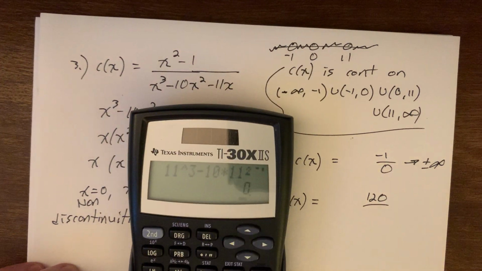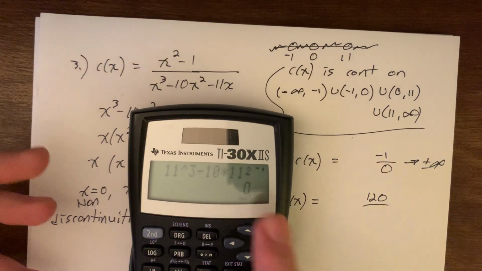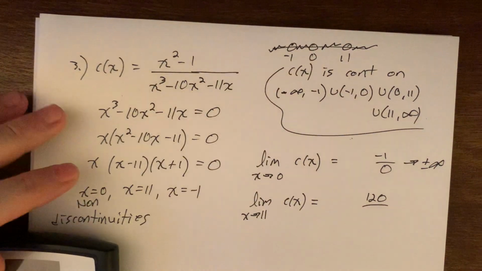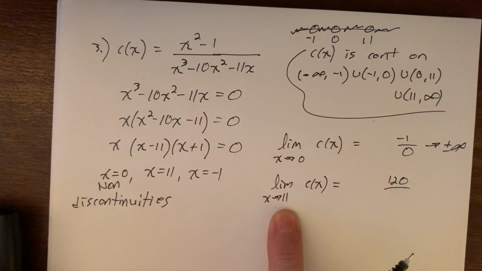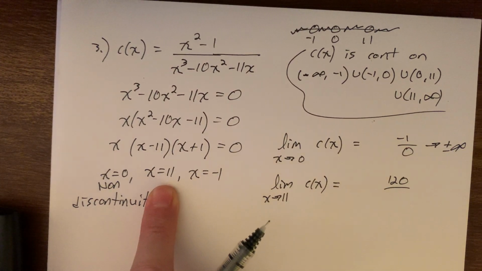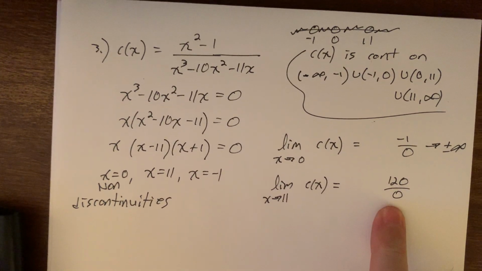And I get 0. By the way, that really should not be a surprise. I wanted to show you that it was worth plugging in, but remember, where did this value come from? It already came from this work over here. So if we did this work correctly, we better get a 0 in the denominator.